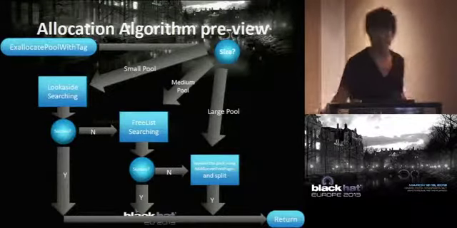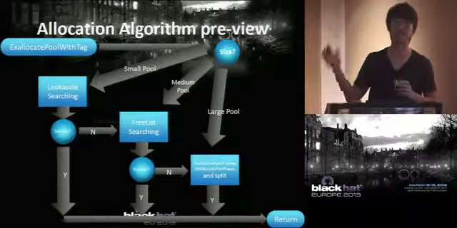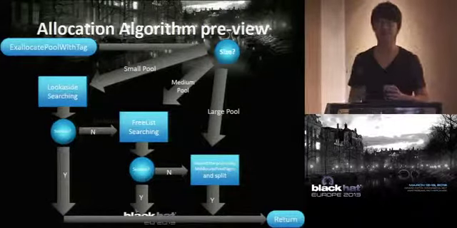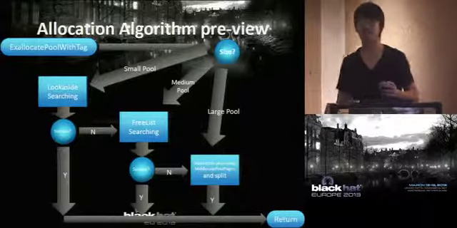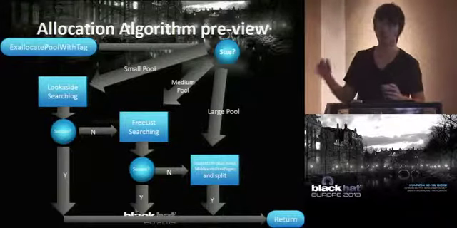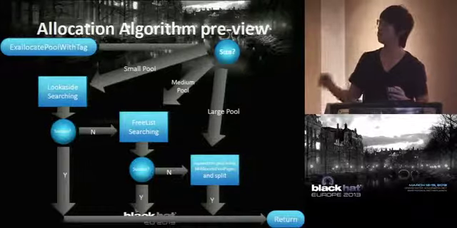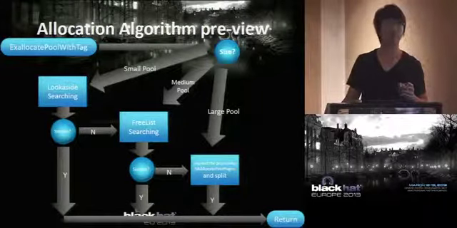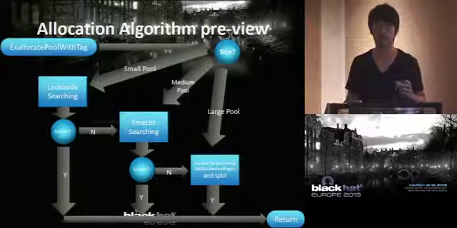We have seen this picture before. It's the kernel pool allocator. When an allocation request comes, it will check its size, and it will be categorized into small, medium, and large allocation. And there are different strategies for each of them. And it's very straightforward in this picture.